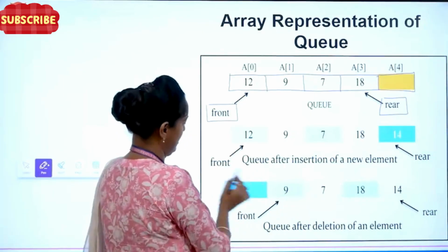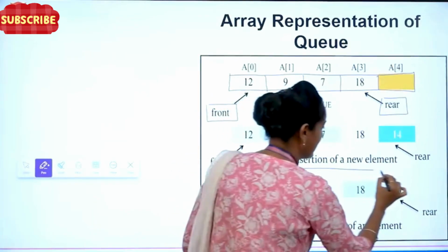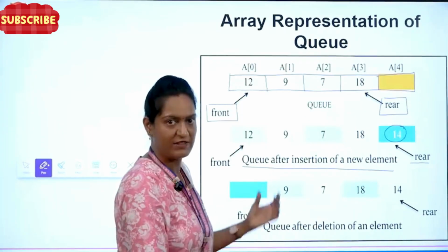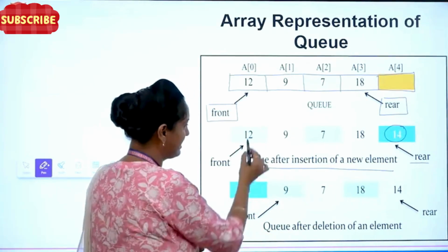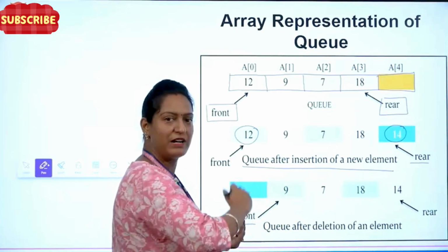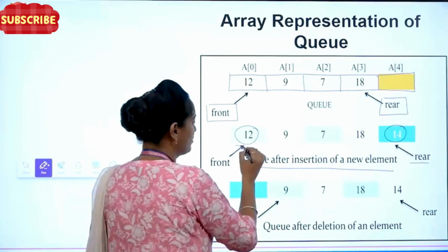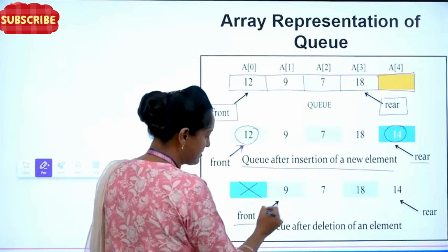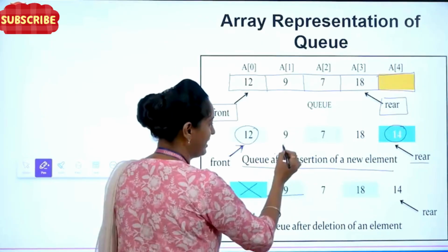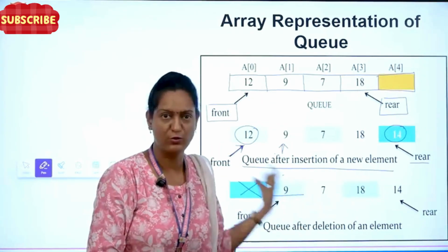You can see here the queue after inserting a new element. So here I am putting my new element from the rear side, and when I want to delete, I am deleting this 12 from the front side and incrementing my front by 1. Firstly, it's pointing to 12. Now, when I delete this 12, my front is pointing to 9. That means front plus 1 here. So, this is an array representation of a queue.